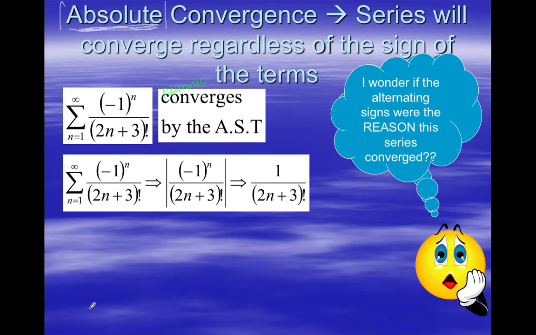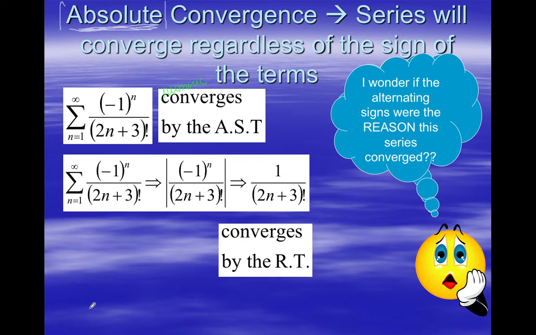So if I just look at no alternating signs, I get 1 over (2n plus 3) factorial. With factorials, I told you one of the hints to use to know what test to run on that would be the ratio test. I'm not going to show the ratio test right now, but if you run the ratio test on this numeric series, you will get a limit that is less than 1, and therefore this series converges.